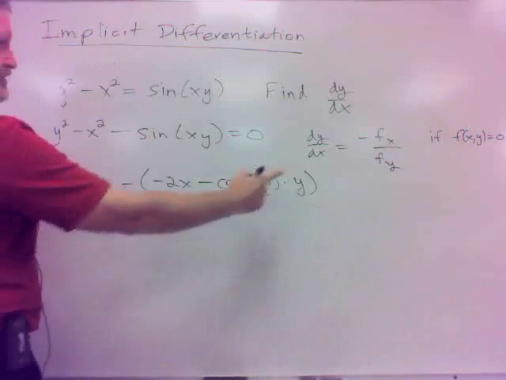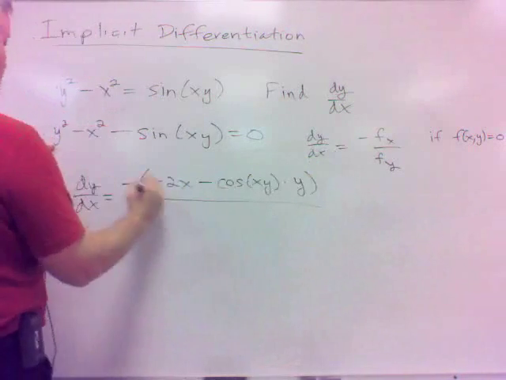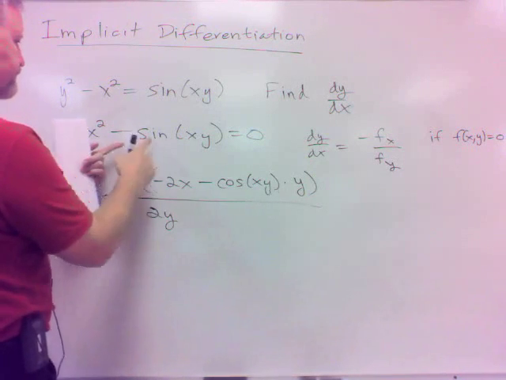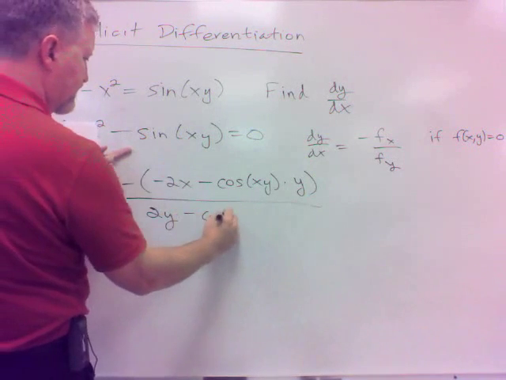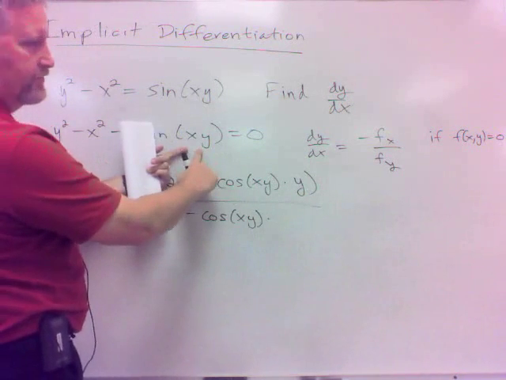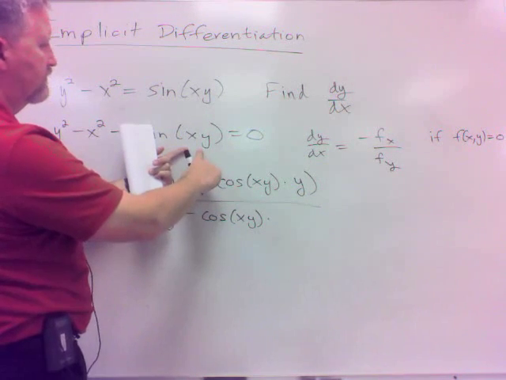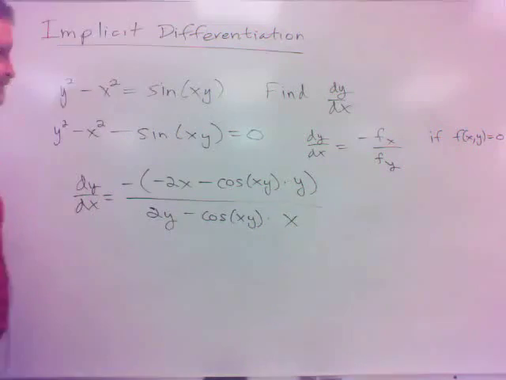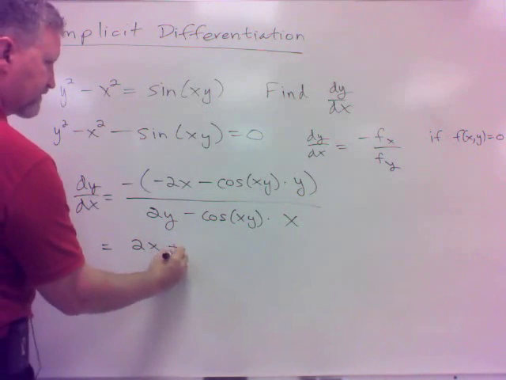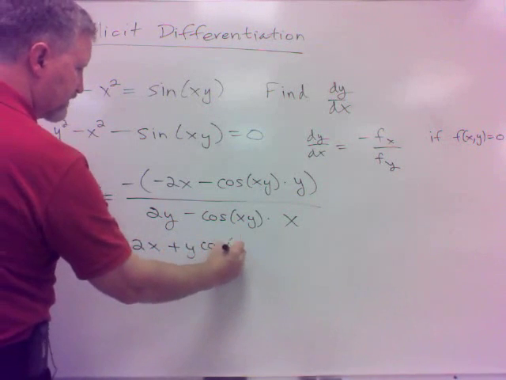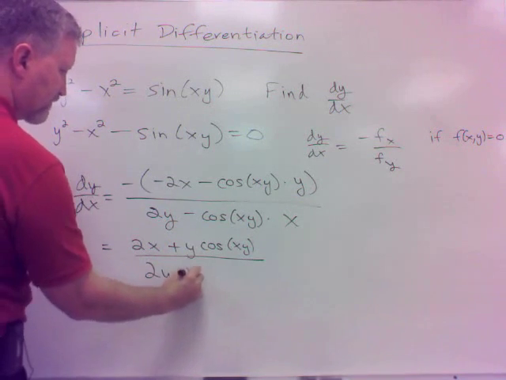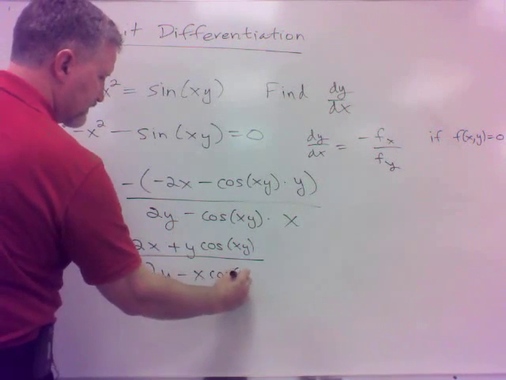Over then the partial of f with respect to y. So that'd be 2y, that'd be 0, minus cosine of xy again. But now the derivative of this with respect to y would just be x. So that would be, well, just positive 2x plus y cosine of xy over 2y minus x cosine xy.